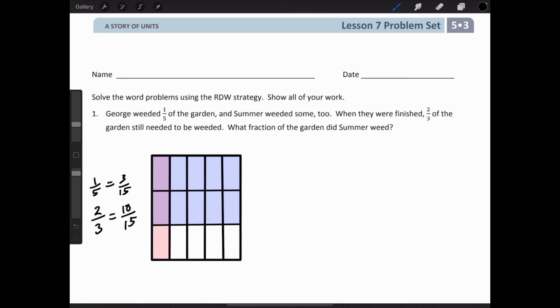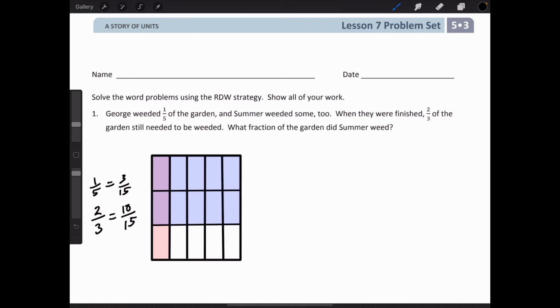Now, if we did it this way, we still have a little bit of a problem here, because the original 1/5 was already taken by George. And what was left of the garden should not be what George already weeded.